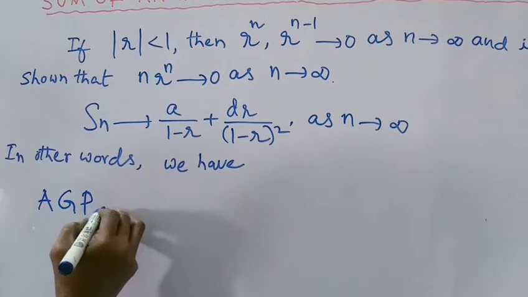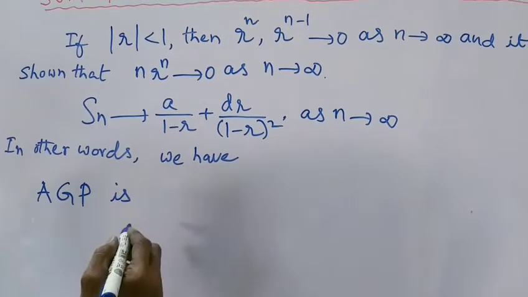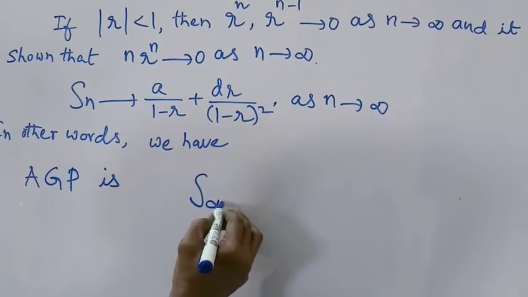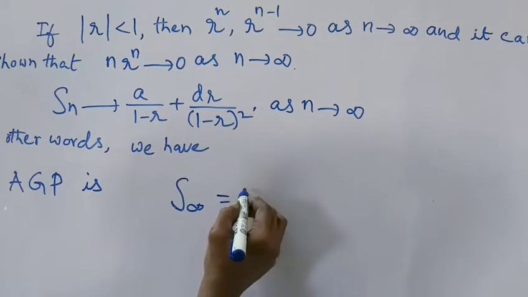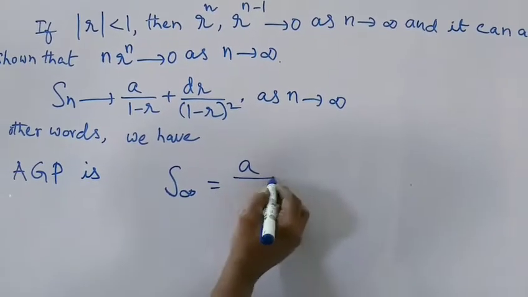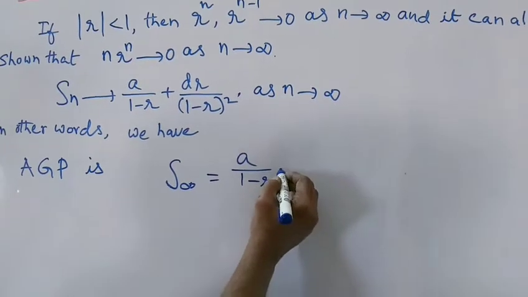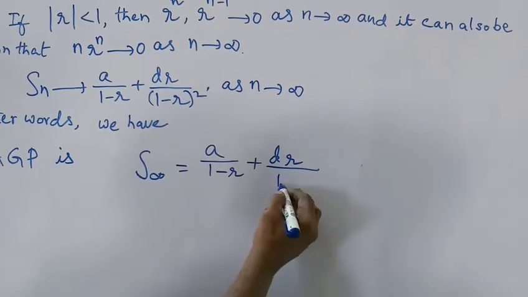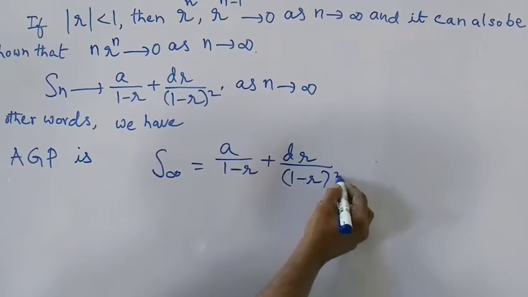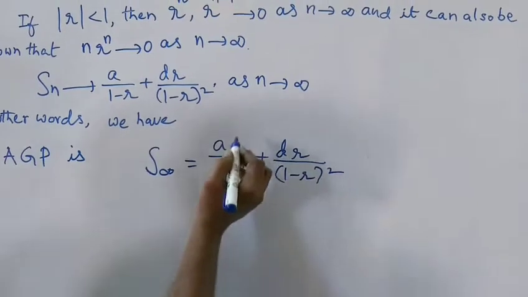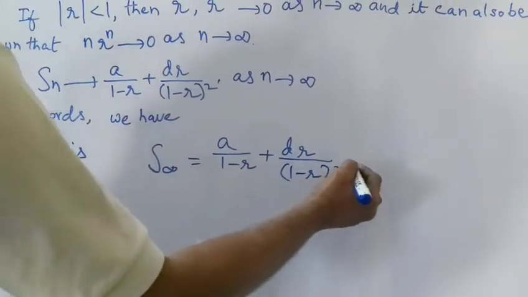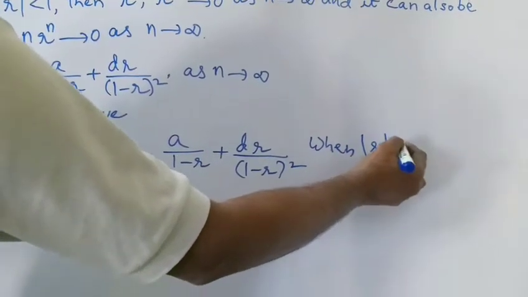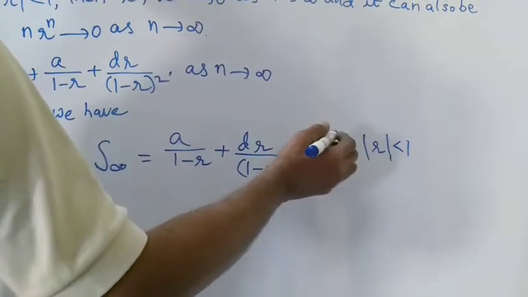The sum to infinity is equal to a by 1 minus r plus d into r by 1 minus r whole square, when modulus r is less than 1.